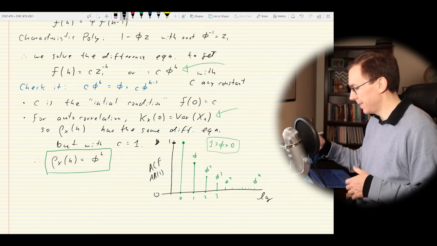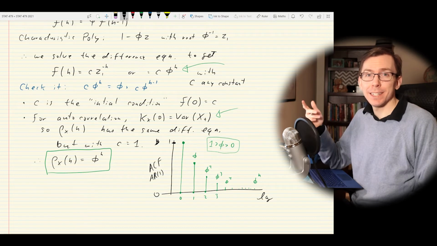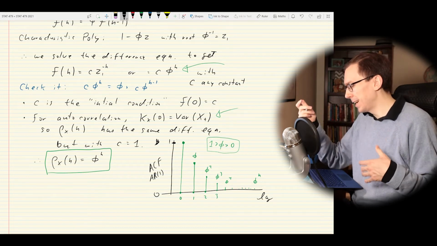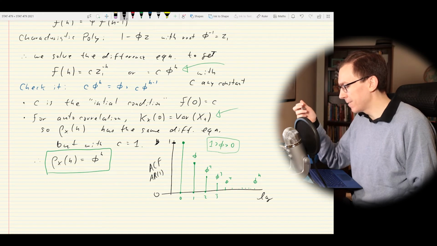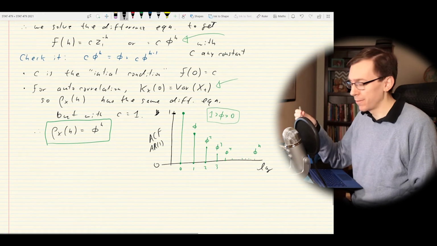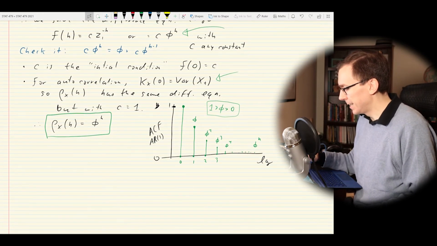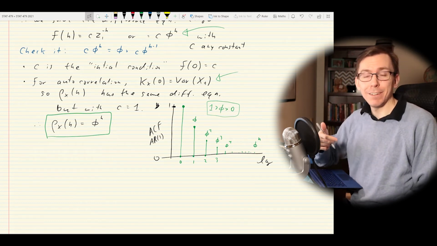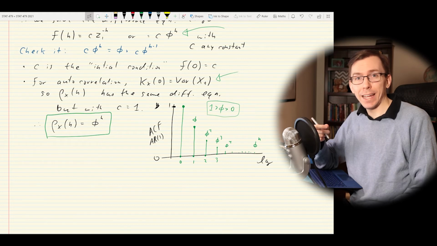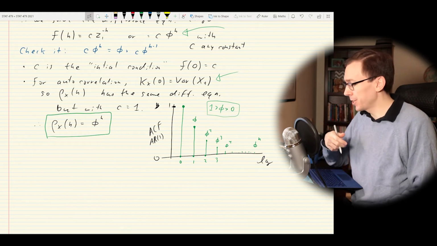That's kind of nice behavior, and it's something that we can see from our data. Again, when you have actual data, you're going to be estimating all of these things, so there's going to be some noise involved. But that's roughly the pattern you should expect to see if you plot the autocorrelation for an AR1 function.